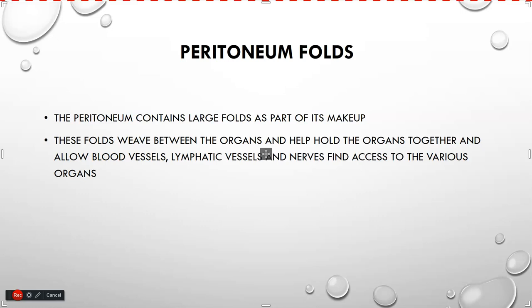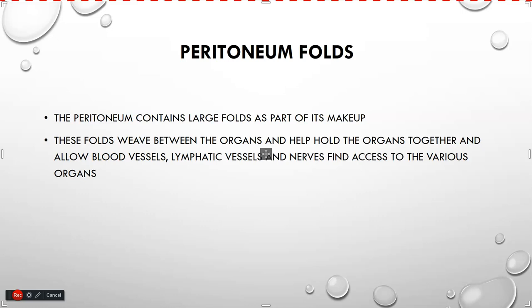Some parts of the folds weave between the organs and help hold them together and provide a tissue whereby nerves and blood vessels and lymphatic vessels can enter and leave the organs. And we also find that it holds them in place.